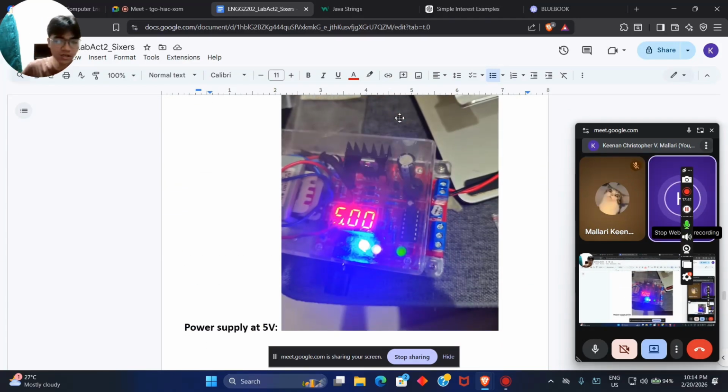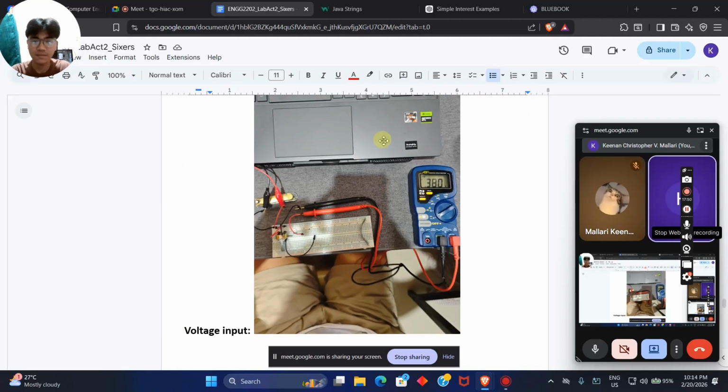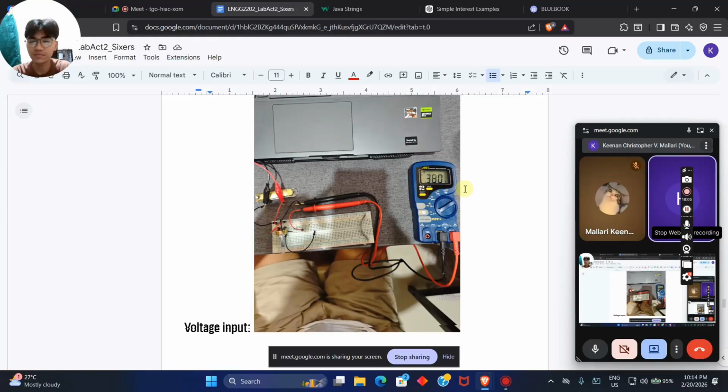In this case, I got lucky and I managed to match it at exactly 5 volts, matching the requirement needed for the forward bias. Voltage input, yes. Unfortunately, this was as close as possible to the required input of 0.5 volts to begin. But in this case, we only got 0.380 volts.